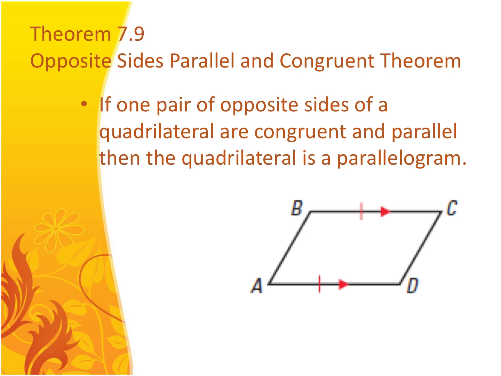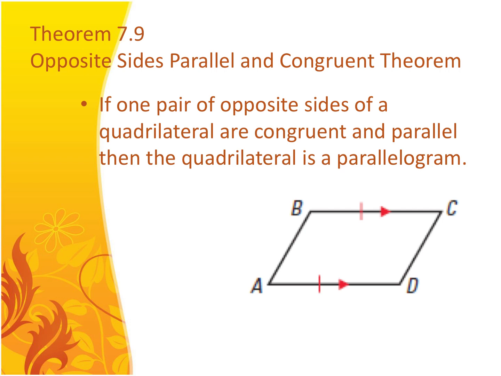The third way of proving a quadrilateral is a parallelogram, and this one's new, is by showing that one pair of opposite sides of a quadrilateral are both congruent and parallel. Then the quadrilateral is a parallelogram. This is called the opposite sides parallel and congruent theorem. This is new. It's not a converse.